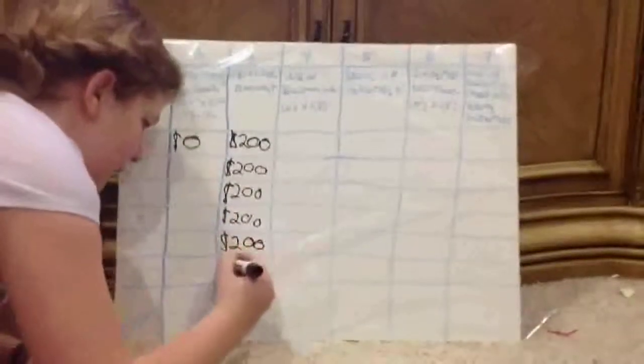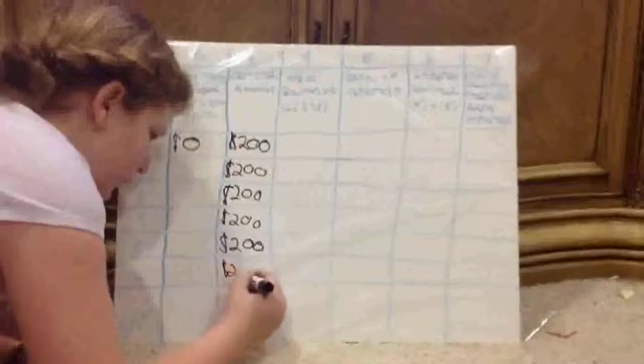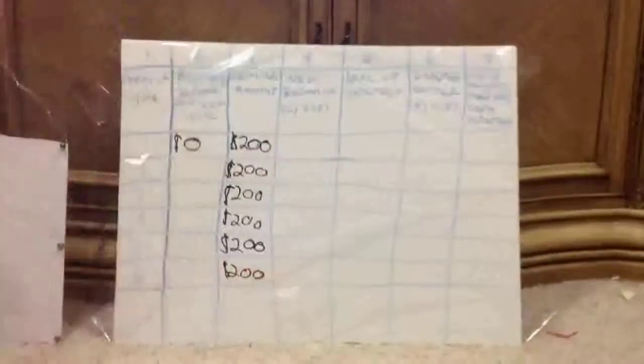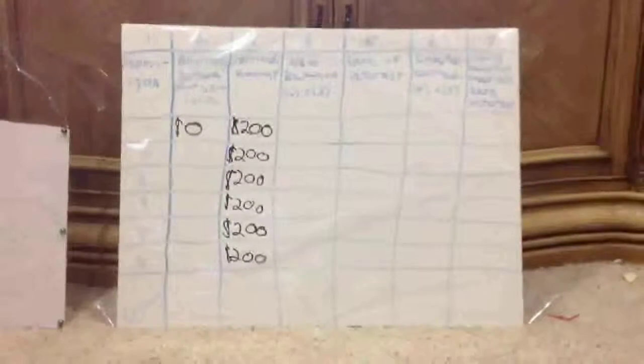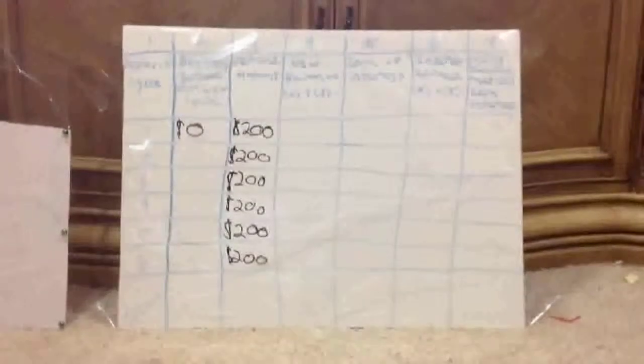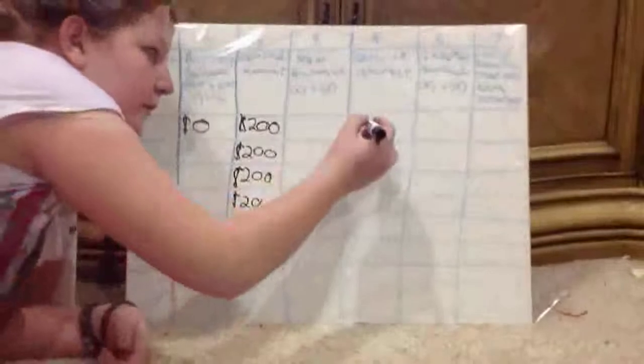This is how you would fill it in. So, after that, you would find out what Johnny's rate of interest was. And if Johnny's rate of interest was 4%, you'd write that down in this column.